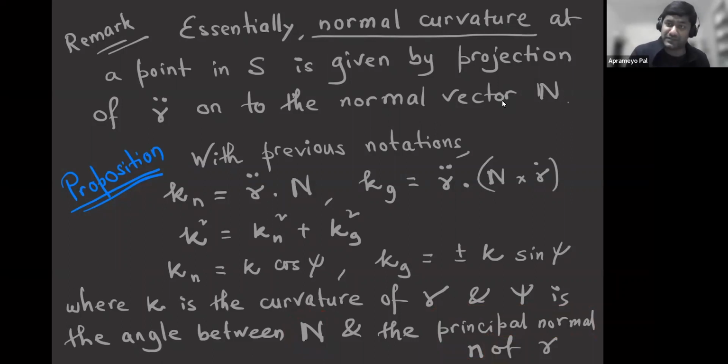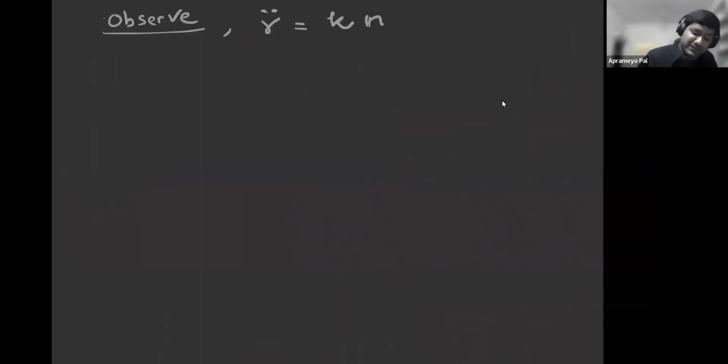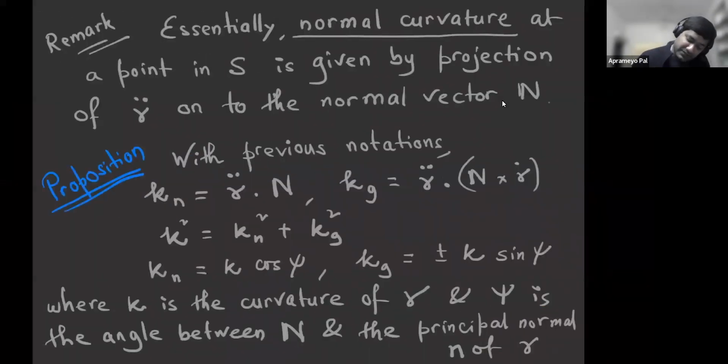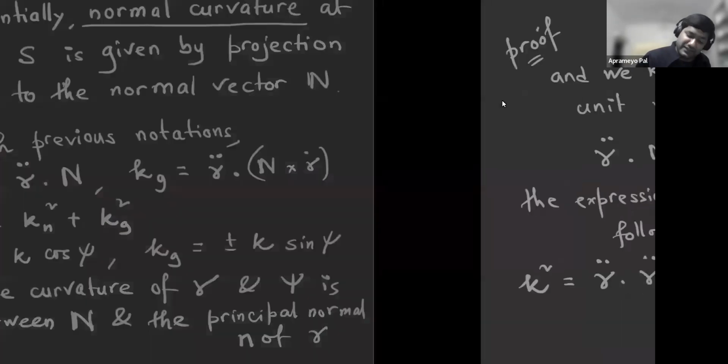This is again by definition. Let me show you again. Psi is exactly the angle between capital N and this small n. So now instead of gamma dot dot, you just put that value and take the dot product, and then you get this expression. It's as simple as that.